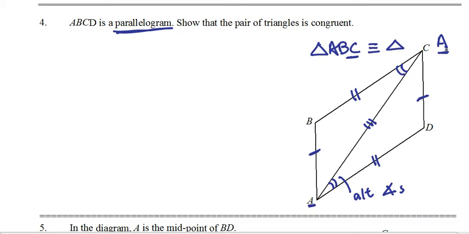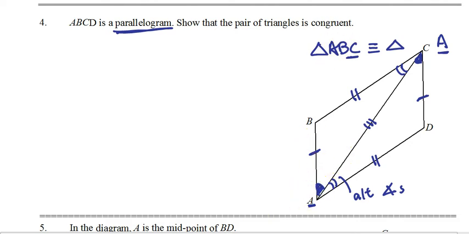Then we look at whether there's another set of angles that are the same. If you look at this angle here, look at this as a Z, alternate angle. It will also be equal to this angle here.